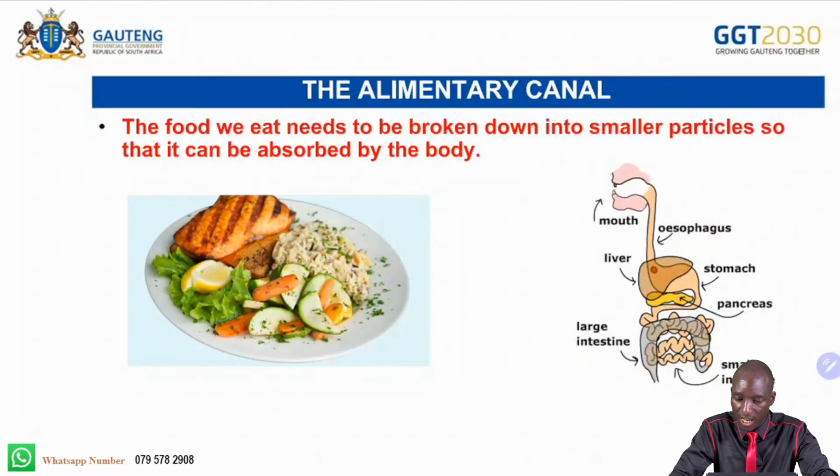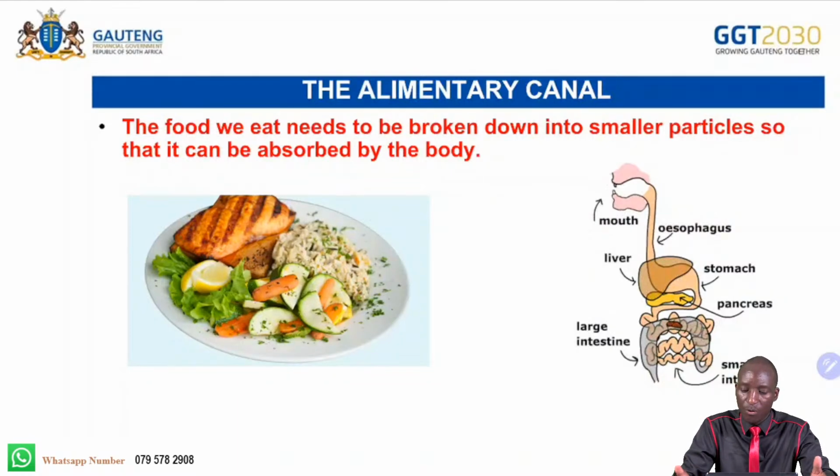Waste material. Okay, so it begins in the mouth. We swallow the food, then it travels to the stomach through that long tube called the esophagus. In the stomach, we've also got chemical digestion taking place, whereby the enzymes are playing their role in making sure that the food that we eat is turned to soluble material, which is then absorbed by the small intestine.